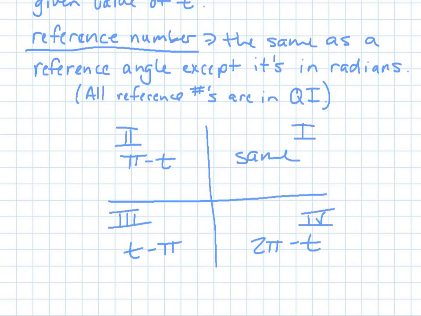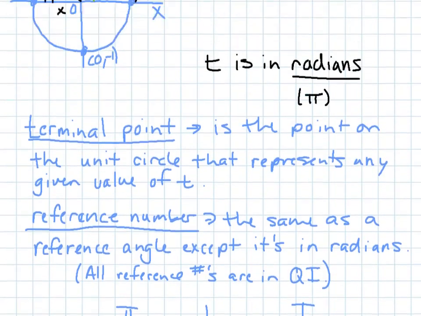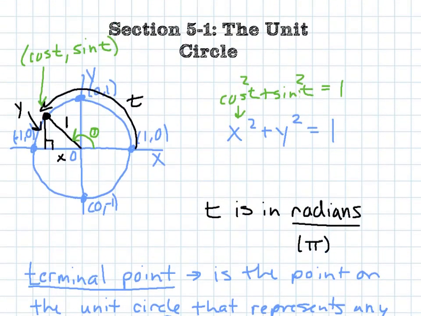The third quadrant, we will take our reference number, or like our angle, I guess, and take it minus pi. So it's like our theta minus 180. And then 2 pi minus t for the fourth quadrant, which is the same thing as 360 minus our theta. Okay? So that's what we need to know for this section.